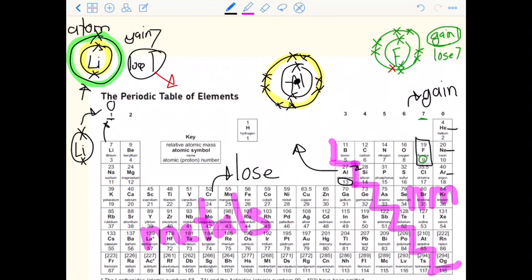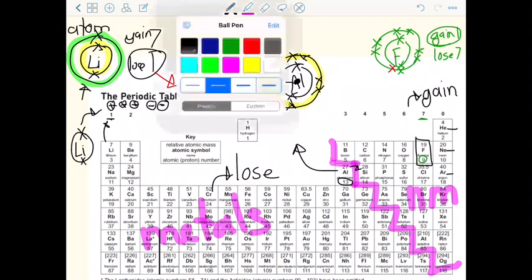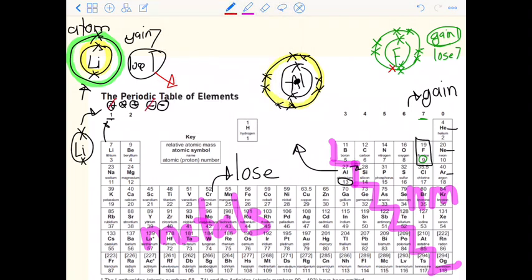So it still has 3 protons in its nucleus, but it only has 2 electrons. So if the electrons cancel each other out, so if this one and that one cancel out, that one and that one cancel out, it has 1 extra proton left over. So this lithium actually has what we call a positive charge.